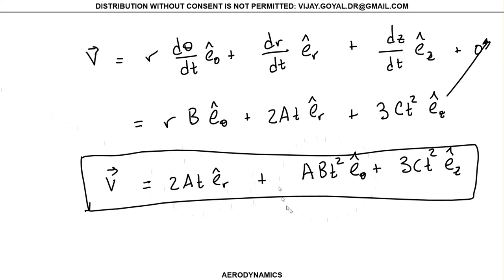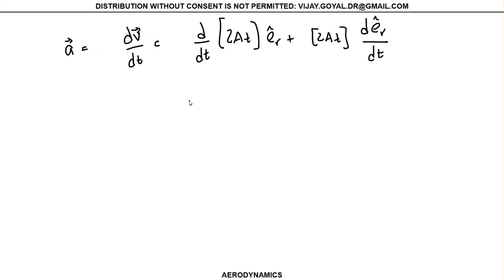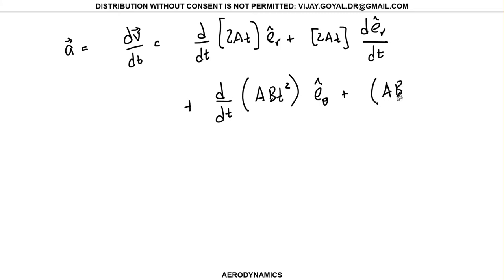Now we will do the second term, plus the derivative with respect to time of a b t squared times eθ, plus a b t squared times d(eθ)/dt.